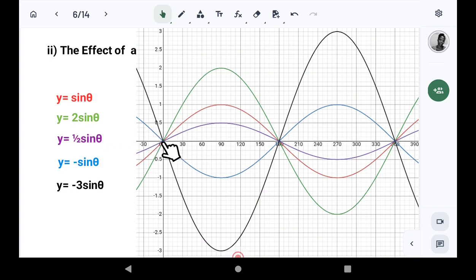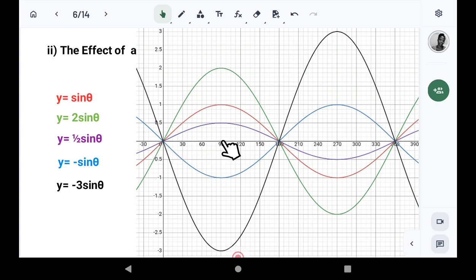You still have your origin or start at 0, but look at what your peak or your maximum point is. It's at 90 degrees, still the same on the theta axis or the x-axis, but your y value is 2 there. In other words, your maximum point is at 90 degrees, 2, because of the 2 in front of your sine theta, which represents a, or the amplitude.